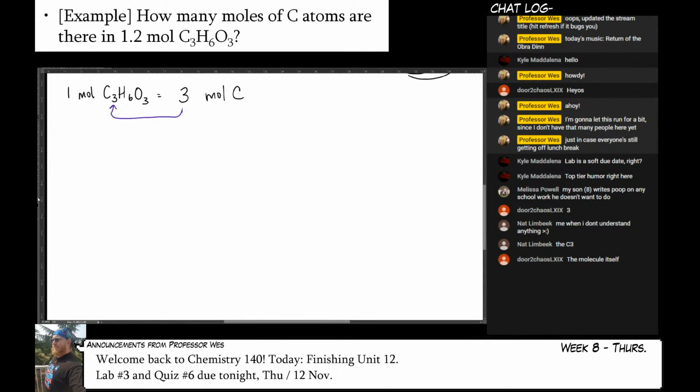And if I wanted to write these sorts of statements for the other atoms in the molecule, what could I get out of this? So 1 mole C3H6O3 equals how many moles of H? Yep, perfect. Just because there it is right there. And then again, we could do the same thing for oxygen.